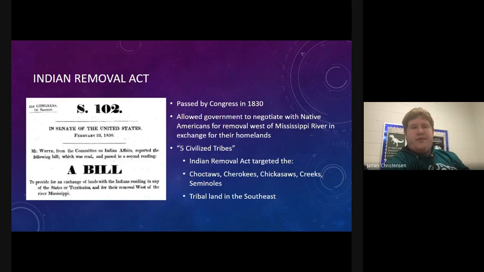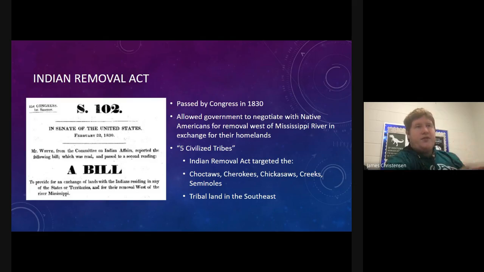Part of that was the Indian Removal Act, passed by Congress in 1830. This allowed the government to negotiate with Native Americans for removal west of the Mississippi River in exchange for their homelands. Under the Indian Removal Act, and that is the official title, they had identified the quote-unquote five civilized tribes.